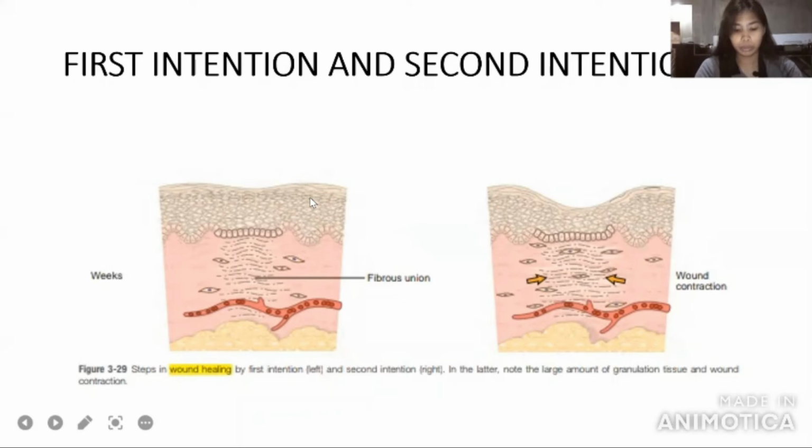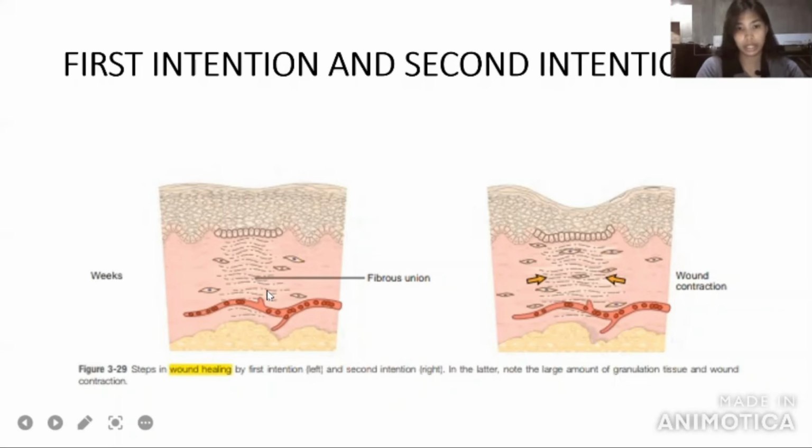In the first week and the subsequent week, there will be a clear-cut deposition of connective tissue in the form of scar. You can easily see that the scar is not very thick. It's a very thin scar, and the epithelium has completely regenerated. So this is how a wound heals by first intention.